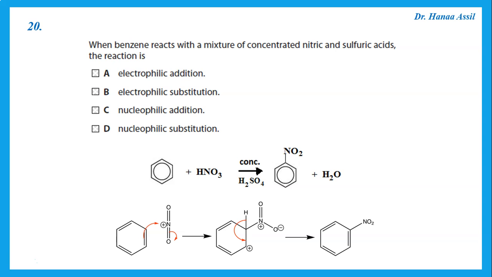The concentrated nitric and sulfuric acids form this electrophile, NO2 with a positive charge. The electrons from the benzene attack the nitrogen that has a positive charge and add that to the benzene ring, and the hydrogen that was originally on that carbon will be lost and the electrons are given back to the benzene ring. So again, this is an example of electrophilic substitution.